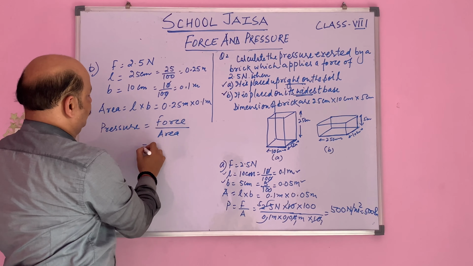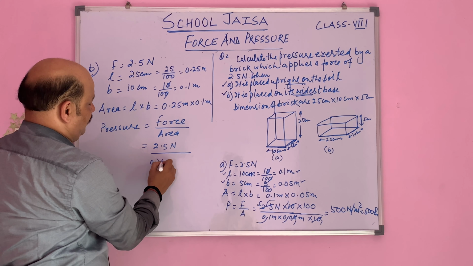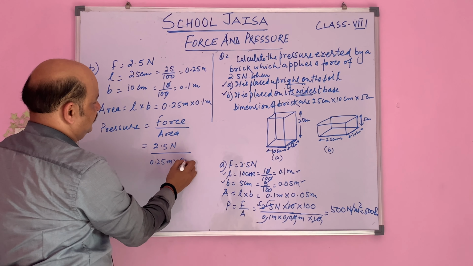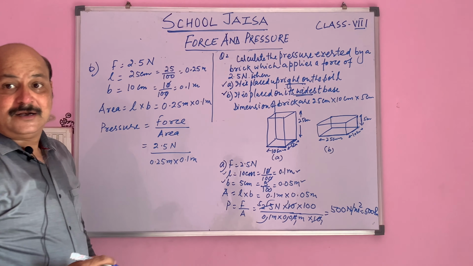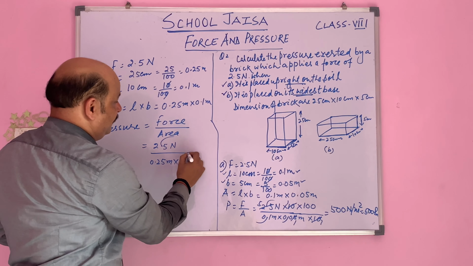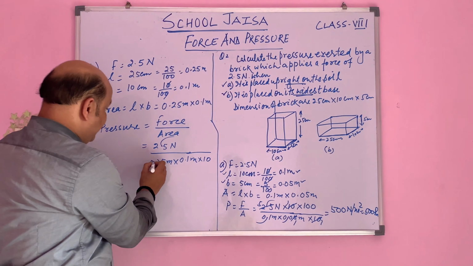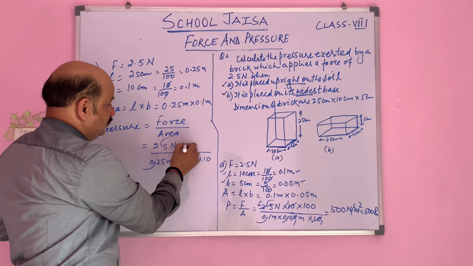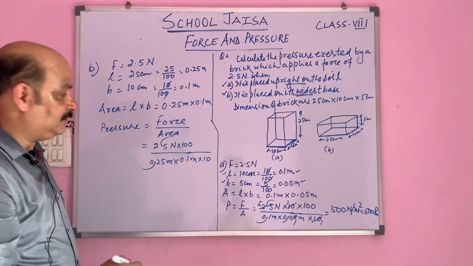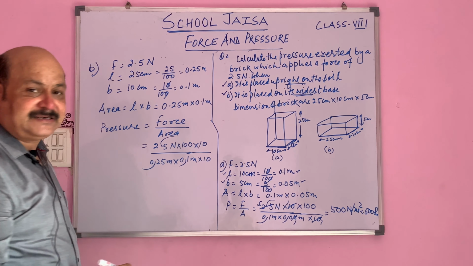Now when you put this force over here, 2.5 Newton, and the area you keep over here like this. Now again, when we remove this decimal, 1 0 comes in the form of 10. When we remove this decimal, 2 zeros will come in the form of 100. When we remove this decimal, 1 0 will come in the form of 10.